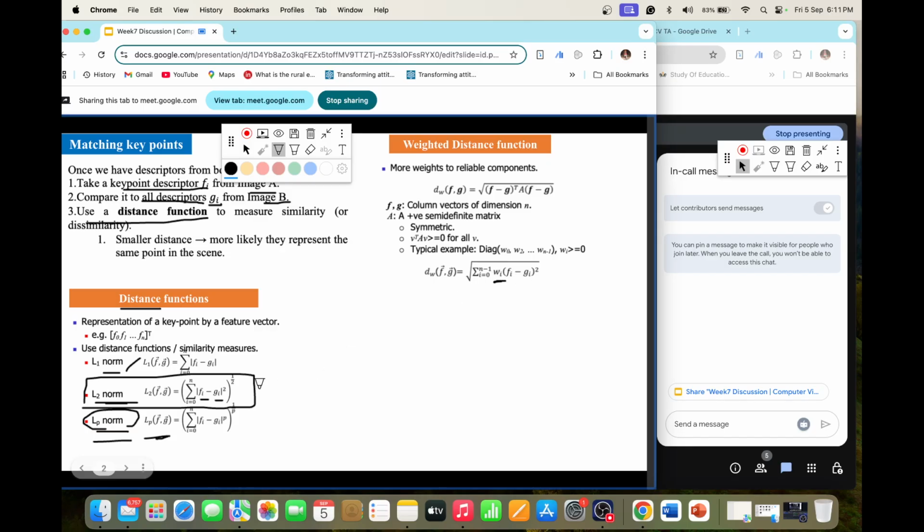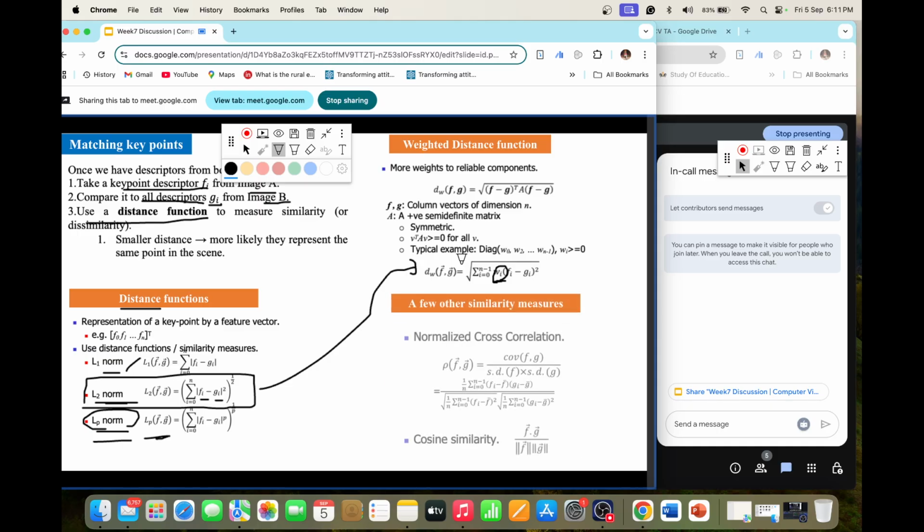That is the only difference; only the weights are multiplied here. The same logic applies: if the distance is smaller, they more likely represent the same point in the scene, otherwise different points.